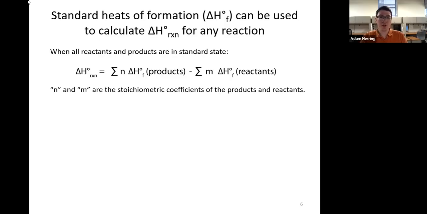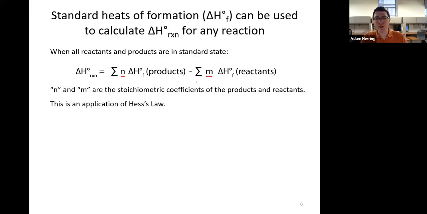So in this equation, the standard enthalpy of the reaction is equal to the sum of the standard enthalpies of formation of the products minus the sum of the standard enthalpies of formation of the reactants. And here we see n and m are just the stoichiometric coefficients of each product and each reactant respectively.